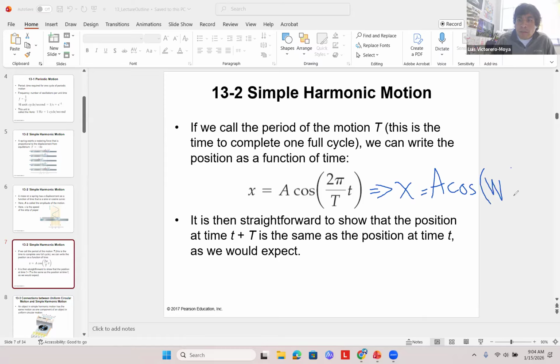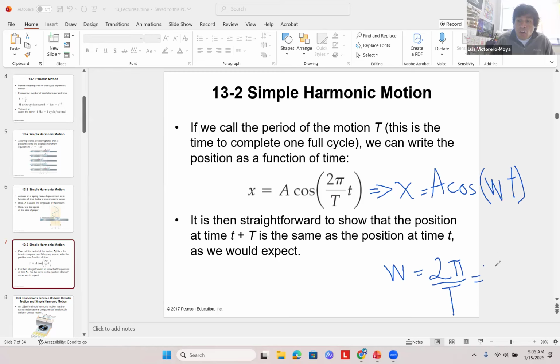It's a lowercase t there. Omega is 2 pi over the period. Capital T is the period.